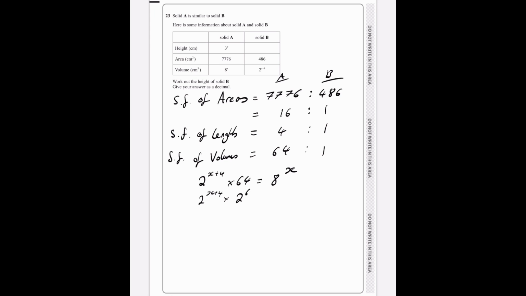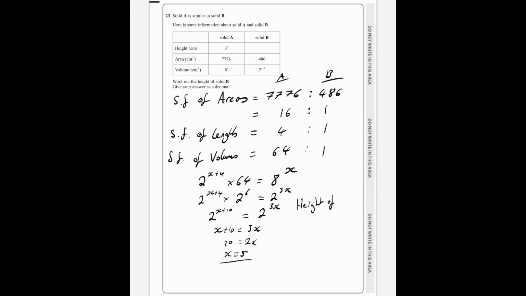Now 2, 8 and 64 are all powers of 2, so I'm going to rewrite all of them as powers of 2. 64 is 2 to the power of 6. 8 to the power of x is the same as 2 cubed to the power of x, or if you prefer 2 to the power of 3x. Then combining the powers on the left hand side, we can work out that 2 to the power of x plus 10 is equal to 2 to the power of 3x. So x plus 10 is equal to 3x. Subtract x from both sides, halve it, x must be 5.